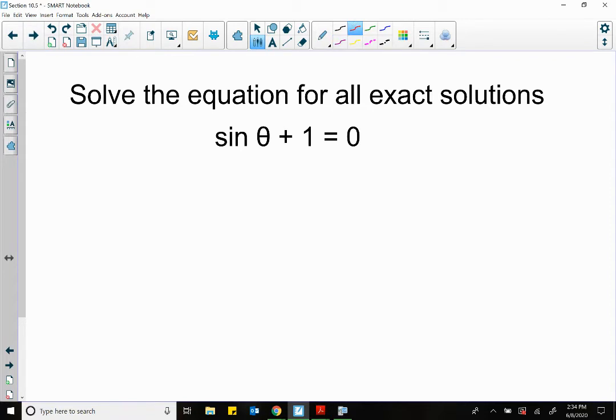So subtract 1, minus 1. Sine theta equals -1. So when I solve this, if I do inverse sine, we want to know when is sine -1.